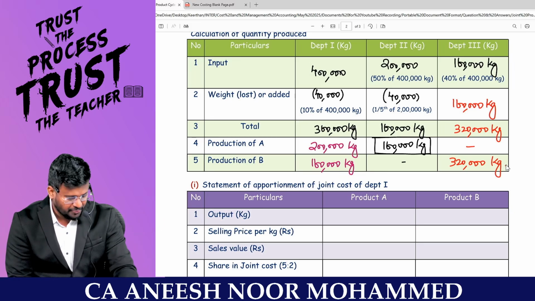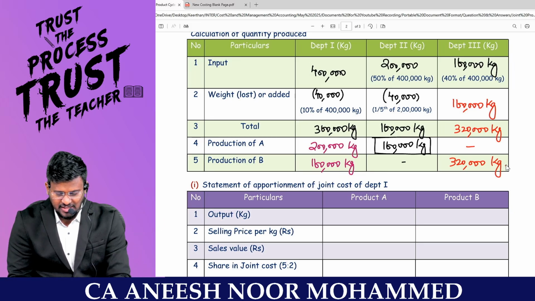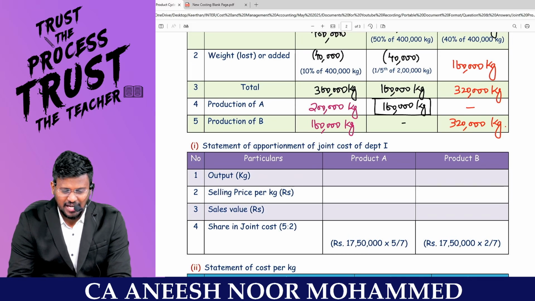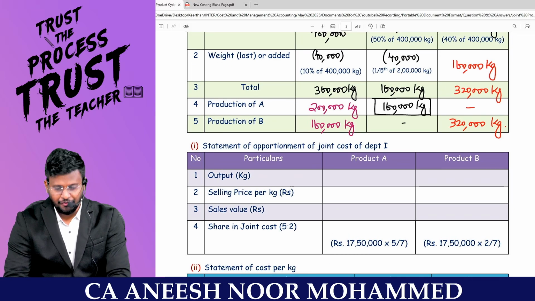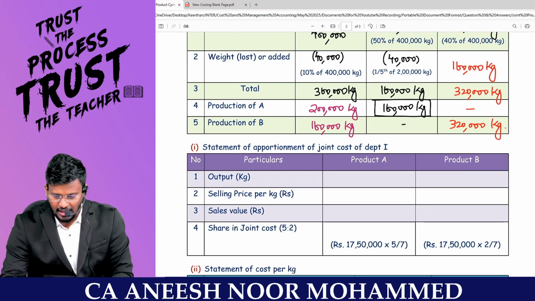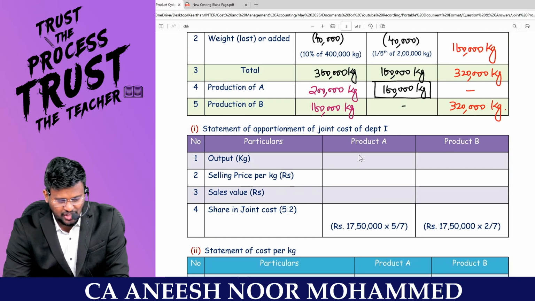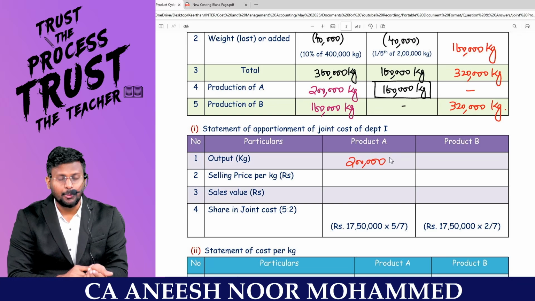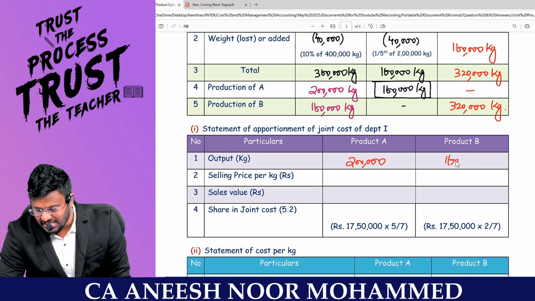Fantastic to the core. Coming to the statement of apportionment of joint cost, you tell me what is the output in kg? The first one, sir, department 2, the output 2 lakh kg is the output for product A. And for product B, 1,60,000 kg is the output.